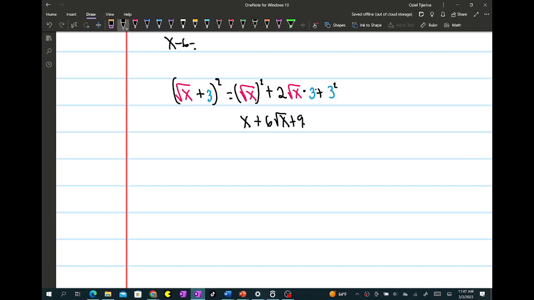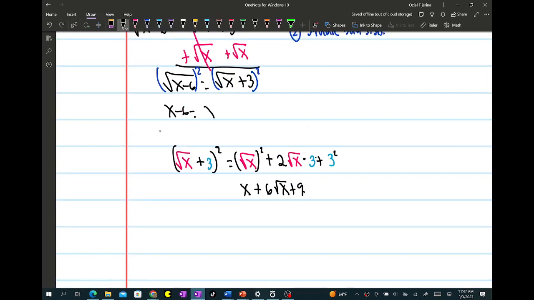So this would be x plus 6 square root x plus 9.